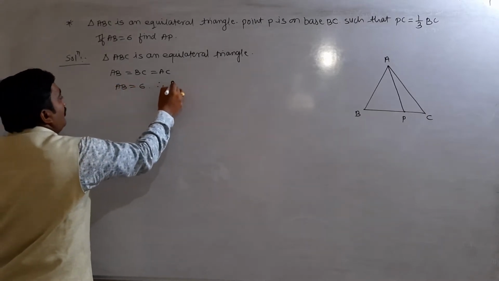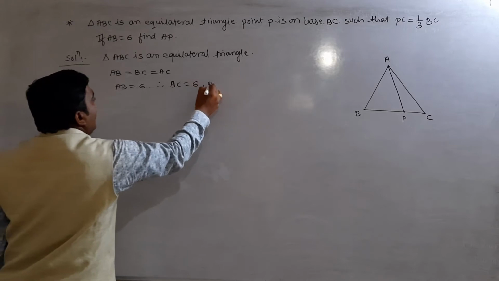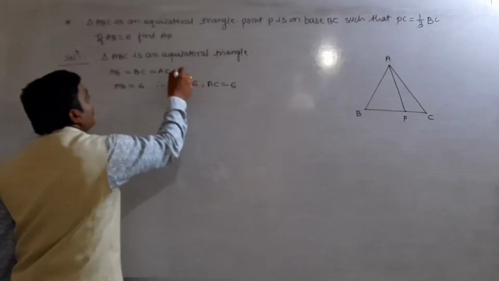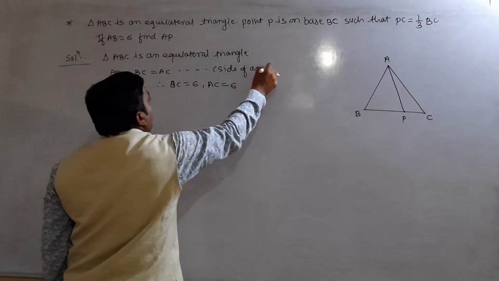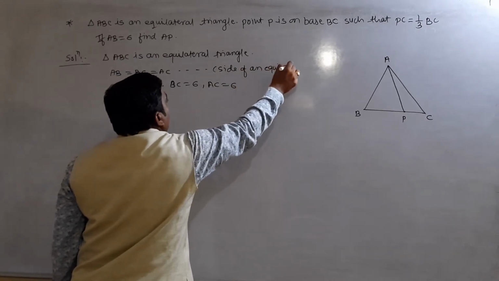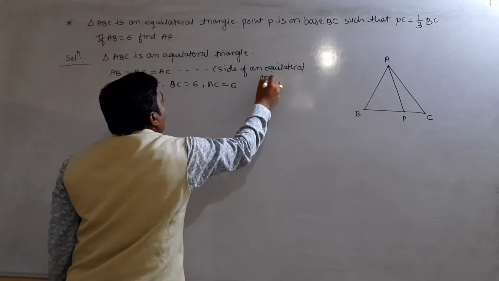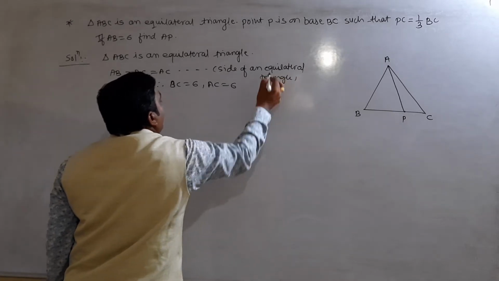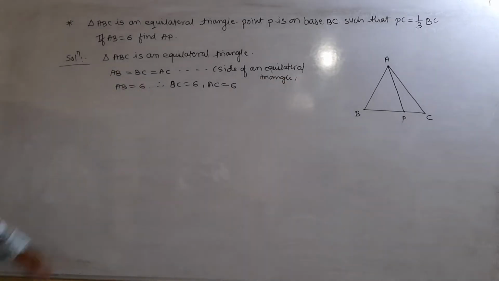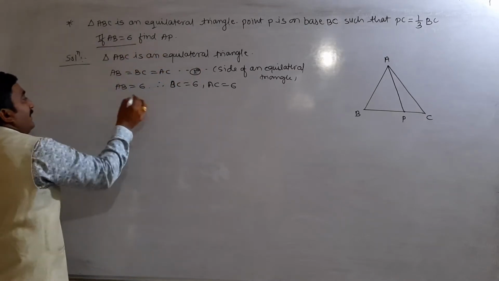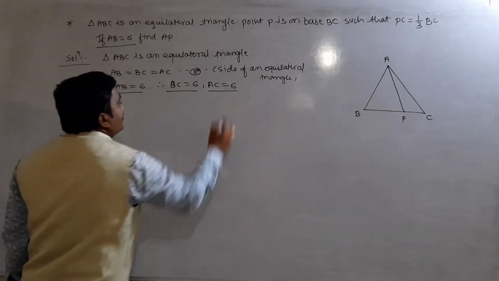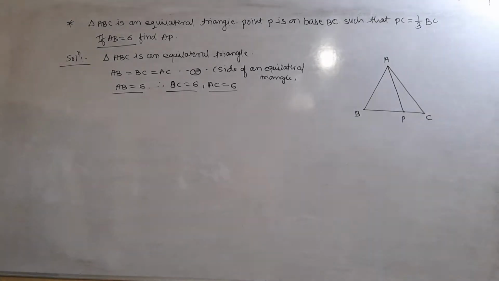Therefore, BC is equal to 6 and AC is equal to 6. All sides of an equilateral triangle are congruent. AB is equal to 6 centimeter. So, BC is equal to 6, AC is equal to 6.